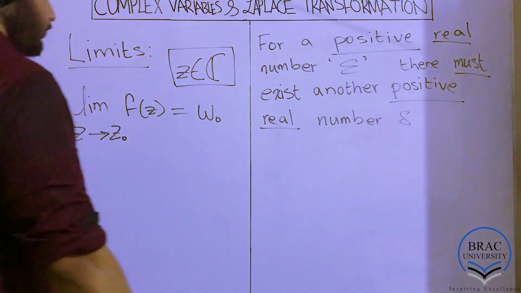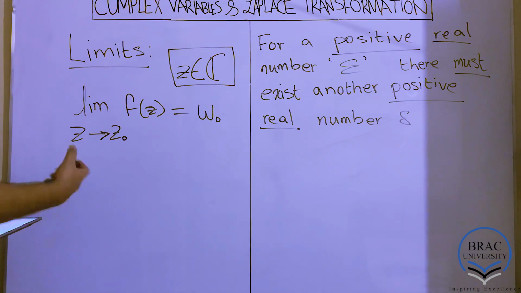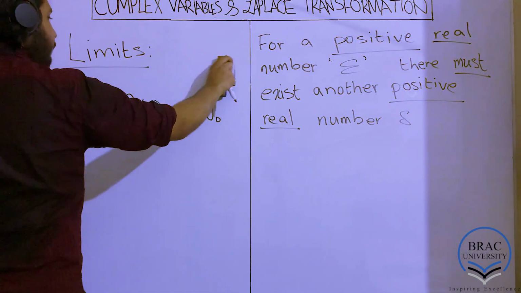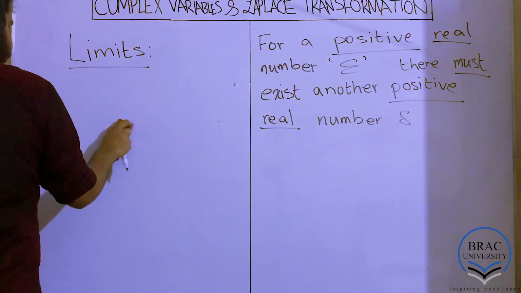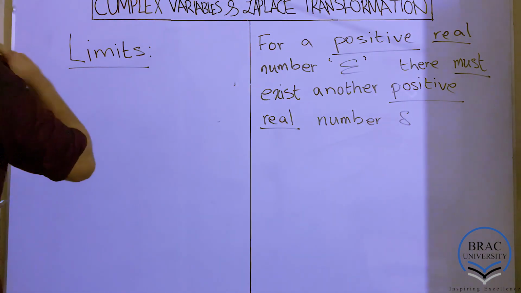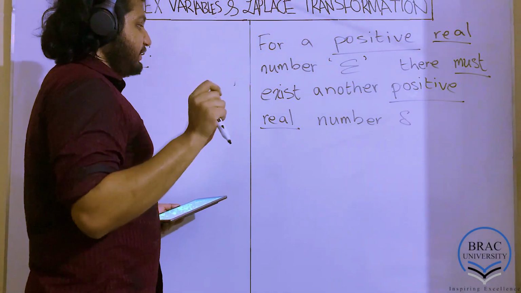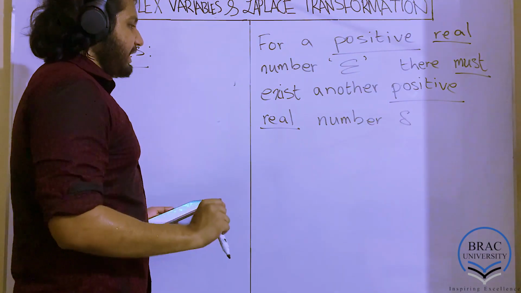Now, I'd like to show this diagrammatically so that a lot of your confusions are cleared. We stated that for a positive real number epsilon, there must exist another positive real number delta.